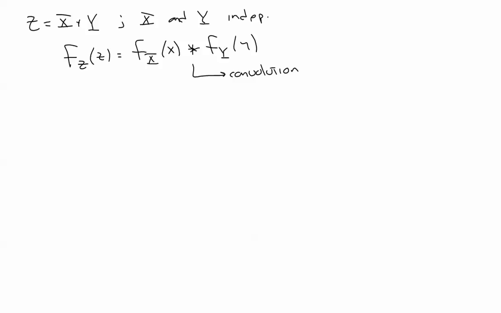And you'll notice that I've solved this in a very general fashion. I haven't said what the probability density functions for x or y are. It doesn't really matter. It's always just a convolution as long as z is the sum of statistically independent random variables.